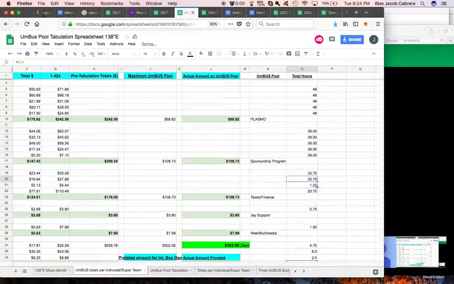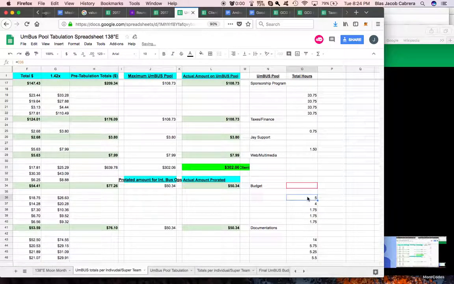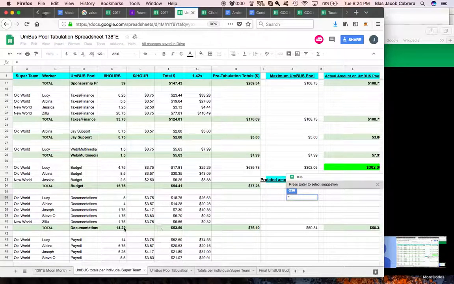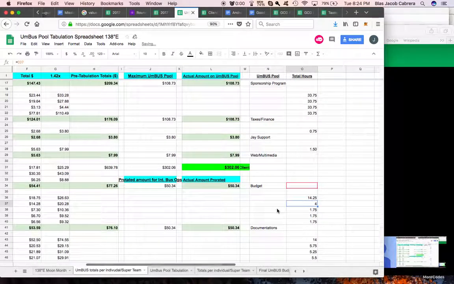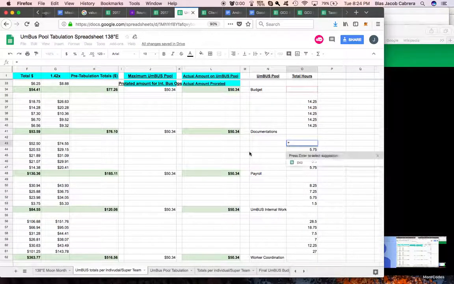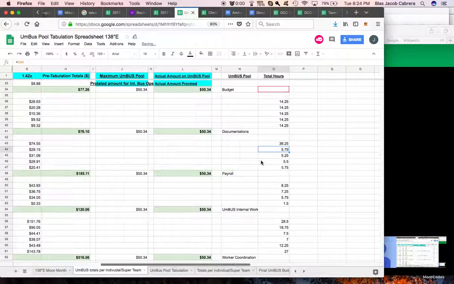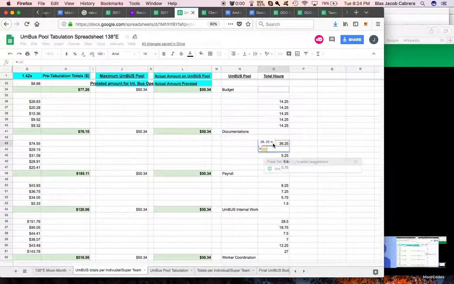Yes. So these ones are going to be the same, and then this is obviously not correct either way. Budget is 14.25. So you are going with the total only? Say total what? Hours. Payroll is 36.25.